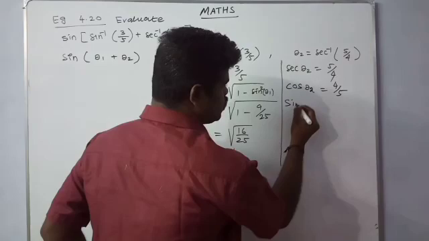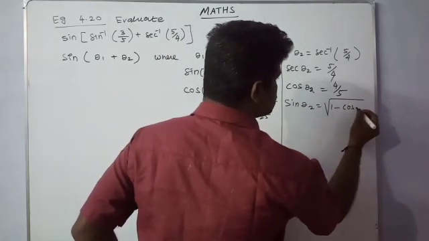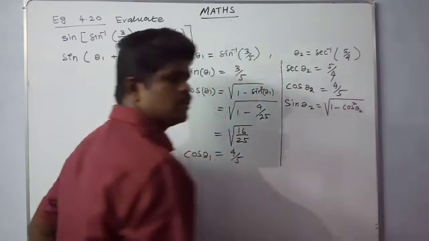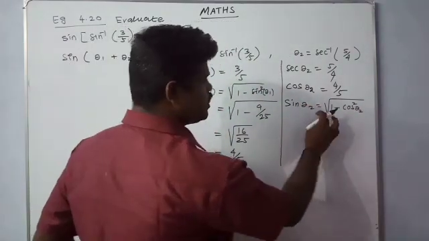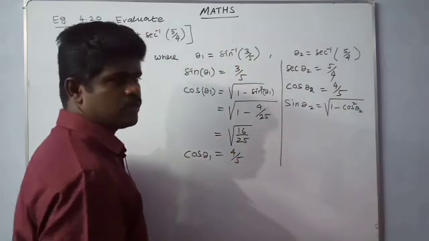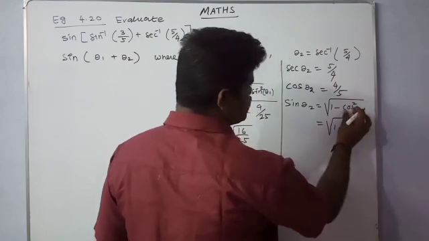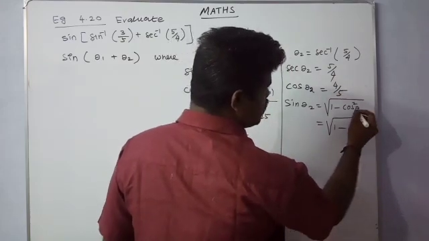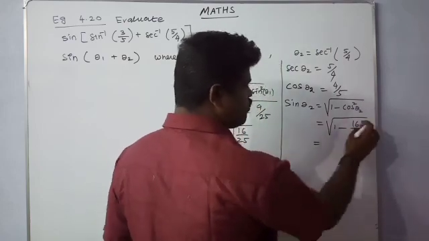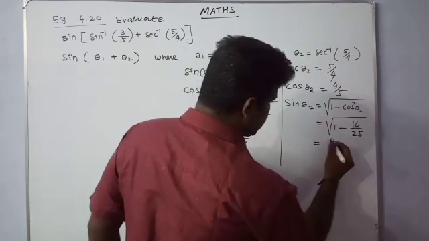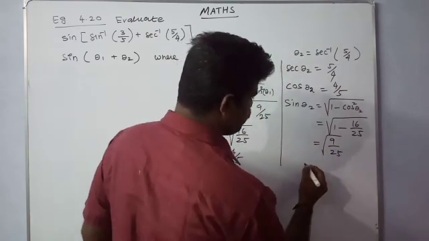And sin theta 2 we can write as root of 1 minus cos theta 2 square, because sin square is equal to 1 minus cos square. So sin theta 2 is equal to root of 1 minus cos square theta 2. Here cos theta 2 is 4 by 5, cos square is 16 by 25. Simplify 25 minus 16 is 9 by 25, square root of 9 by 25.